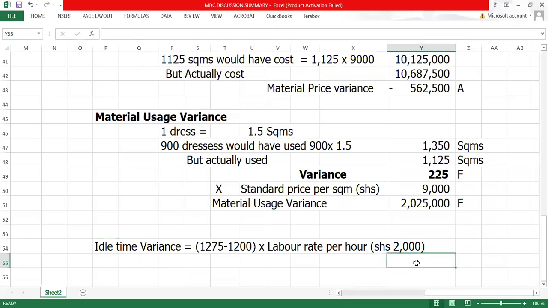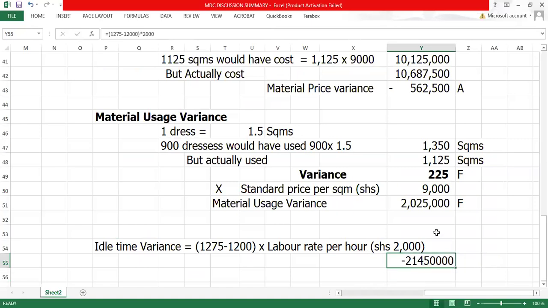So here you get the idle time variance. We get the difference, 1,275 minus 1,200, then times the 2,000.